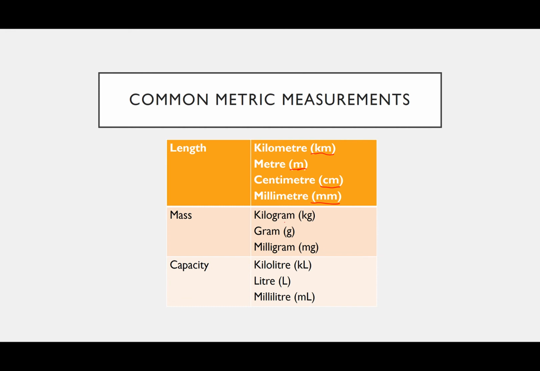For mass, we have kilograms, written as kg, grams, written as g, and milligrams, written as mg. For capacity, we have kiloliters, written as KL, liters, written as L, and milliliters, written as ml.